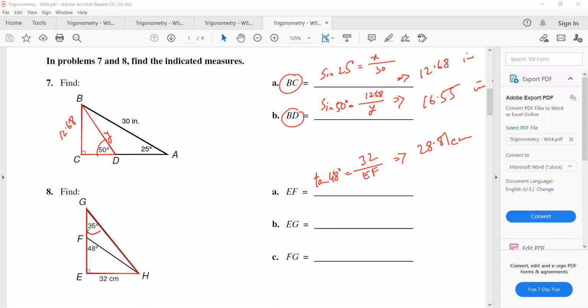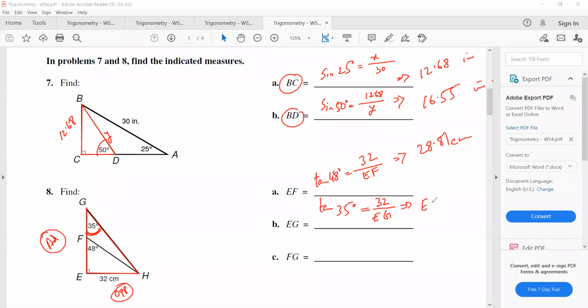This is the reference angle, right? Yes. So this is the opposite side, and this is the adjacent side, right? We will use tan 35. 70.02. No. 32 on EG, right?